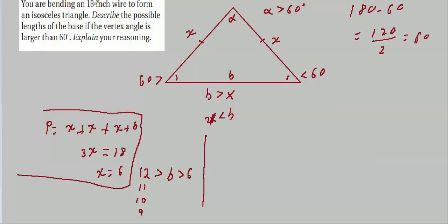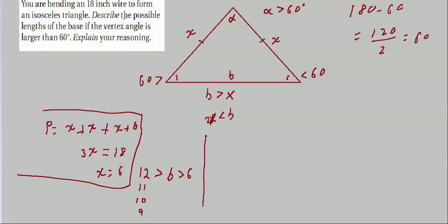If the number we get is smaller than b, we're out of luck. If it's equal to b, we're still out of luck. If it's greater than b, now we've got something. Because what's left over would be the sum of these two. And the sum of these two has to be greater than b. So that's how you can figure out your other limit.